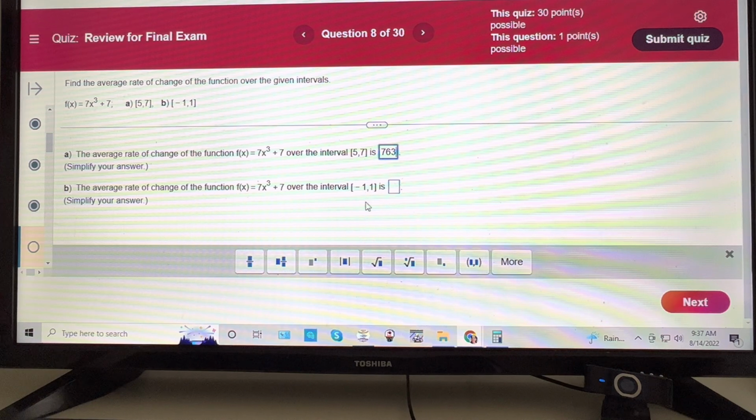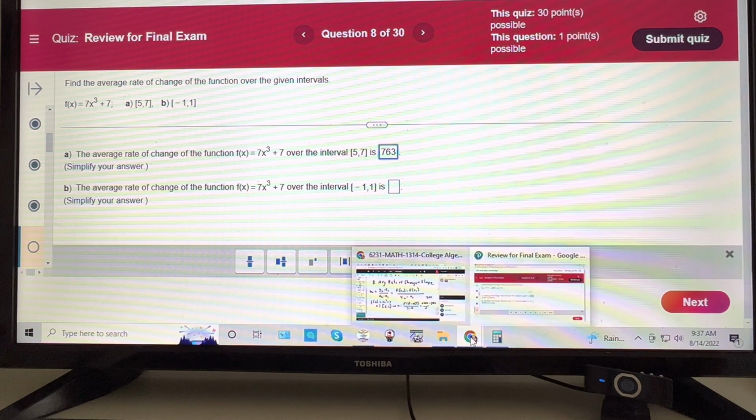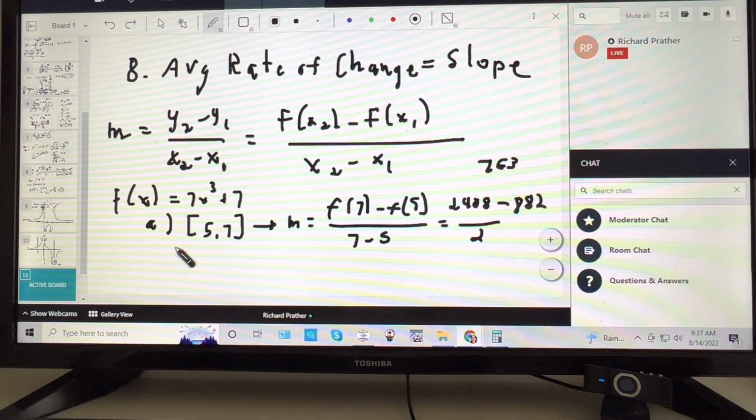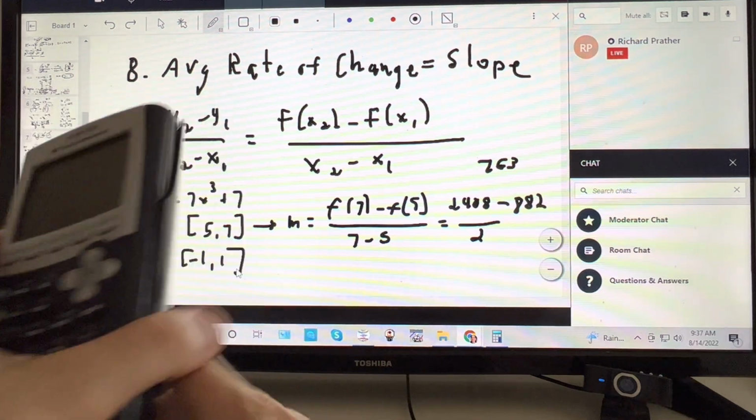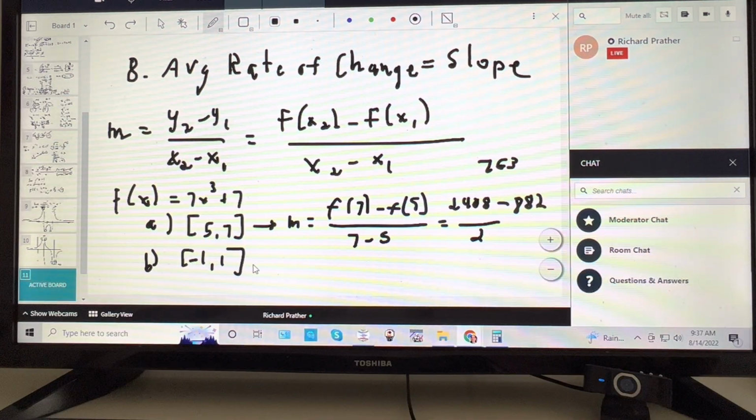Now when I do it close to the origin, it'll be much flatter. If I repeat this for part B, -1 to 1, now we're not even going to need a calculator. So now the slope would be f of 1 minus f of -1 over 1 minus -1.